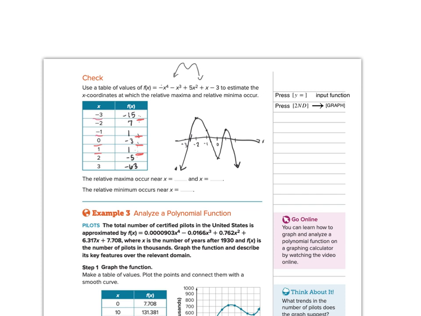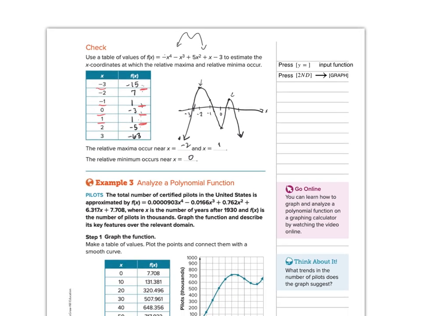The relative maxima occurred near x is -2, right? And then again at x is 1, right there. The relative minimum occurred somewhere around x is 0. Looking at that, that's my lowest value point, or relative value.